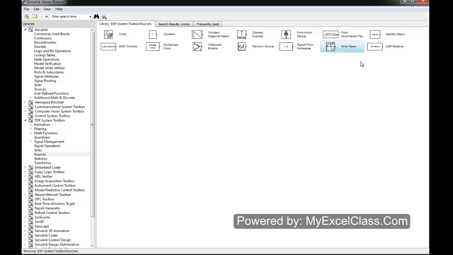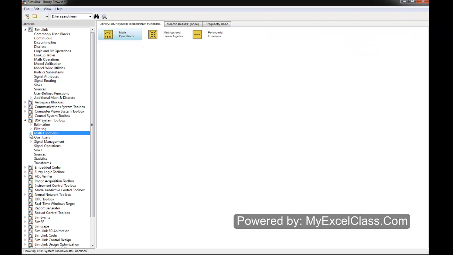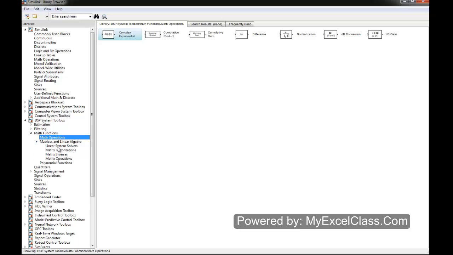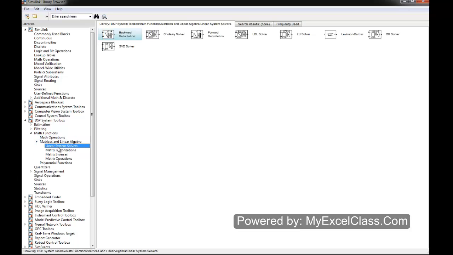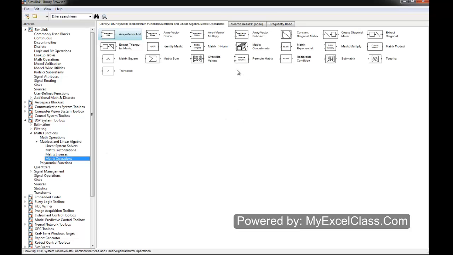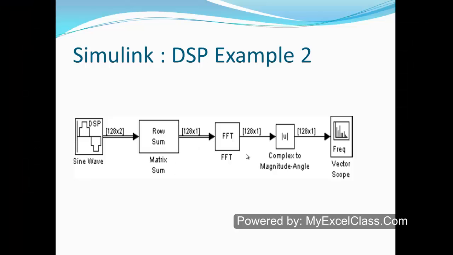And then I have row sum. Matrix, row sum, mathematics, math functions, math operators, matrix, linear system solvers. No, it's not there. Inversion matrix operation. So it's a row sum, matrix sum.